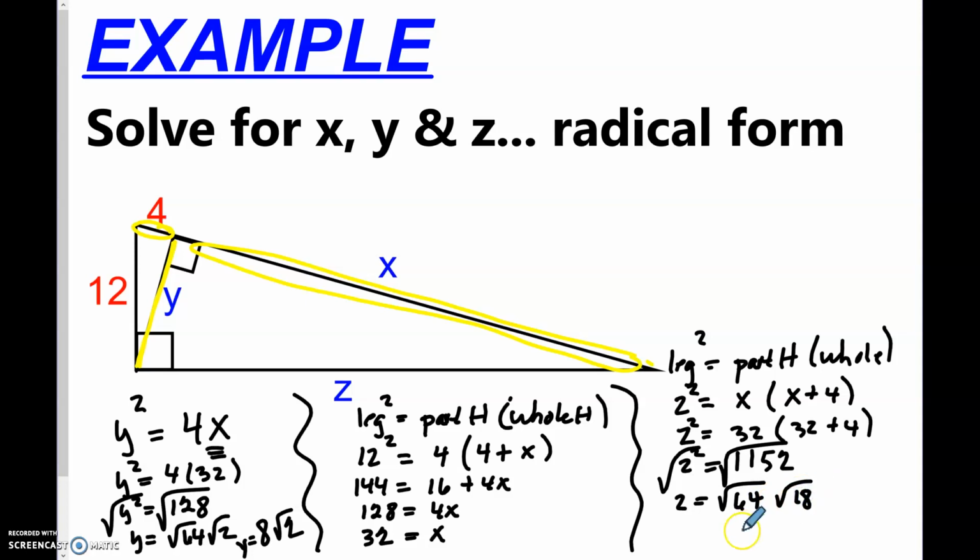Well, 18 also has some perfect squares in it, so I'm going to take 8 times root 9 root 2. So the square root of 9 is 3. So 8 times 3, I get 24 root 2. Alrighty, so we've got all of our values here. X is 32, Y is 8 root 2, and Z is 24 root 2.